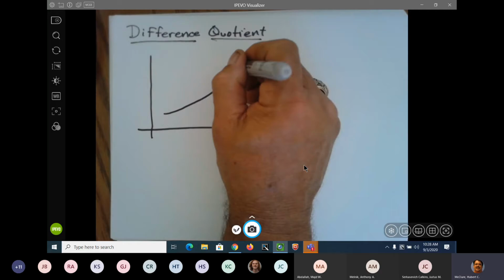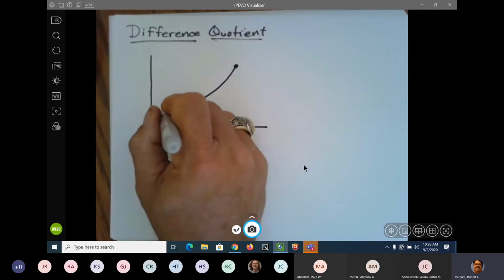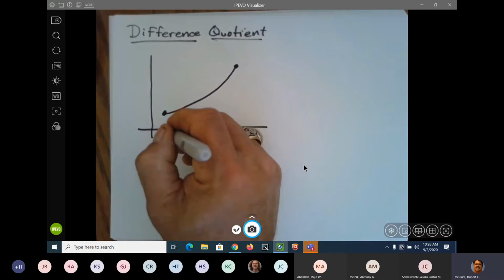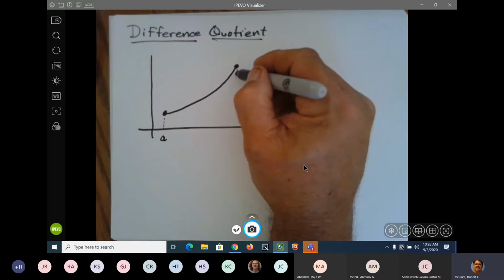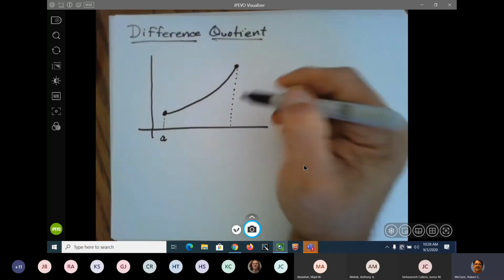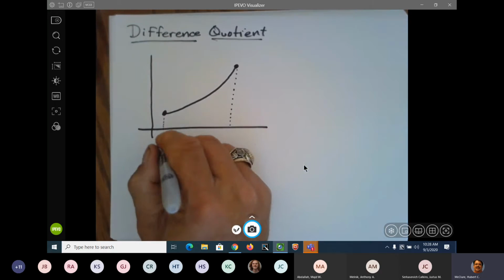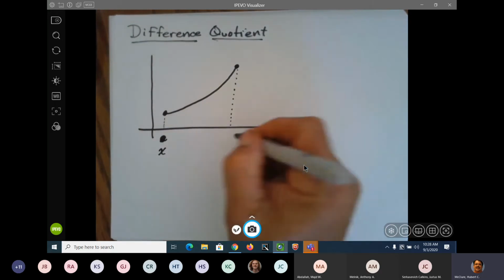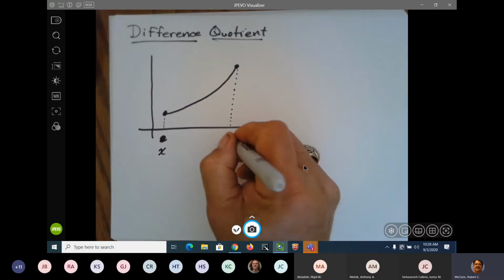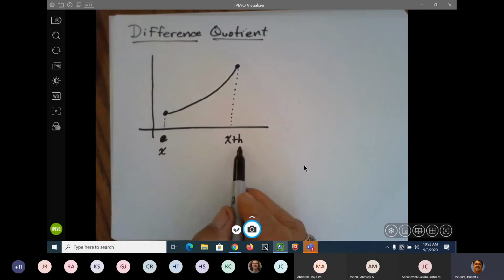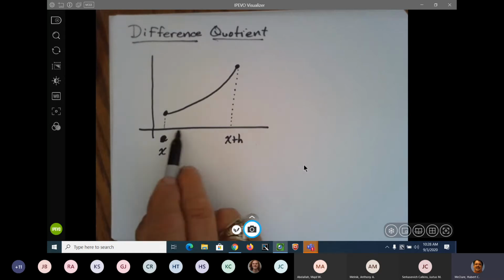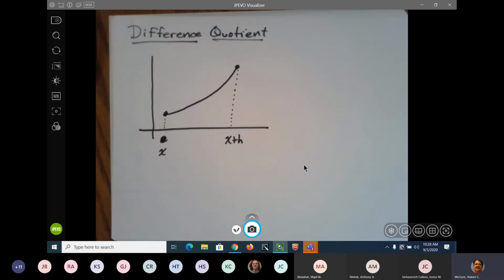And they've got a point right here and a point right here. So we're going to call this point X, and we're going to call this point X plus H. And of course, you could say X plus D, because this is the distance between these 2 points is H. I'm going to draw that in another color, like yellow.